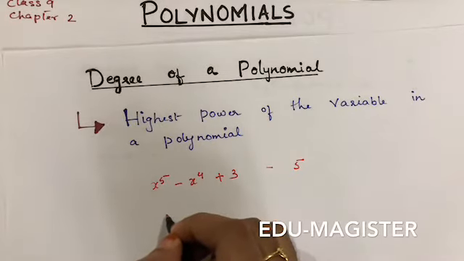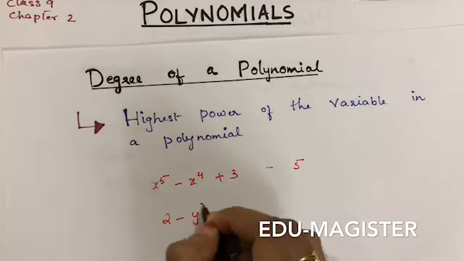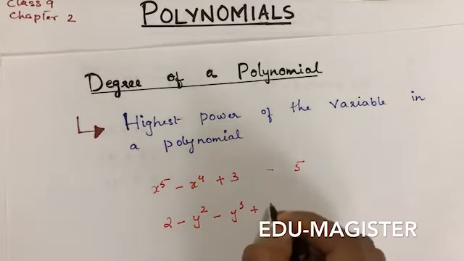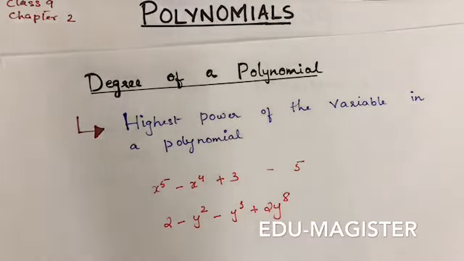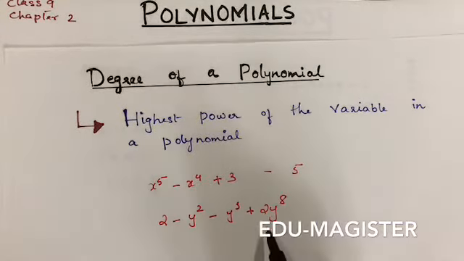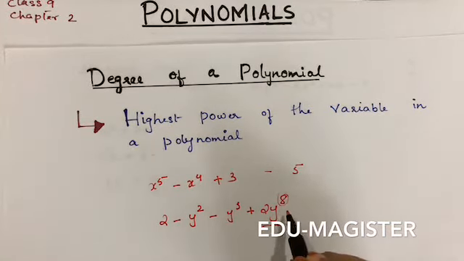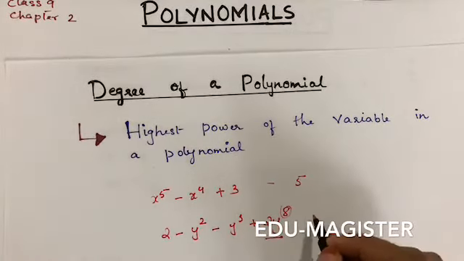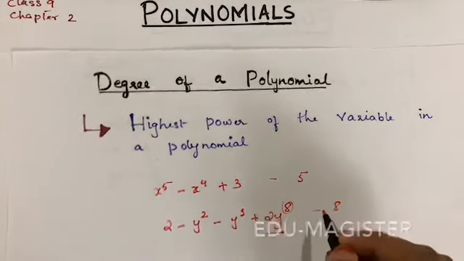Let me write one more example. 2 minus y square minus y cube plus 2y raised to 8. In this example, this term has the highest power, that is 8. That means the degree of this complete polynomial will be 8.